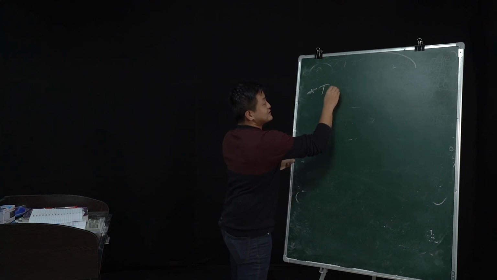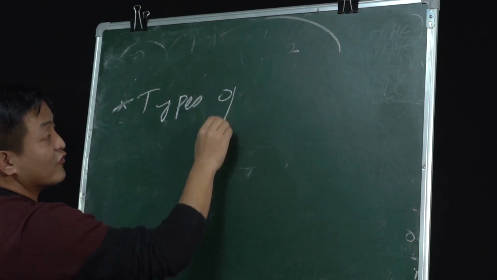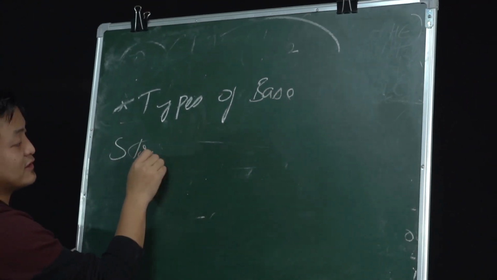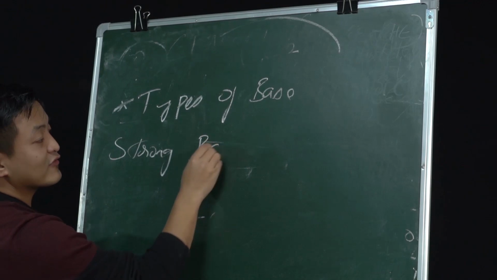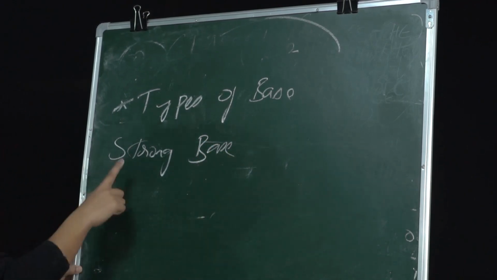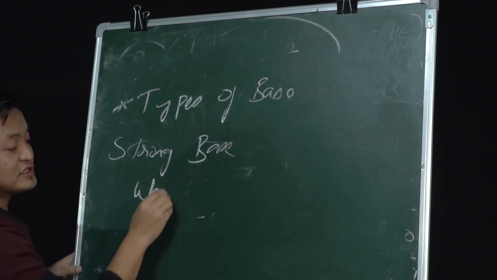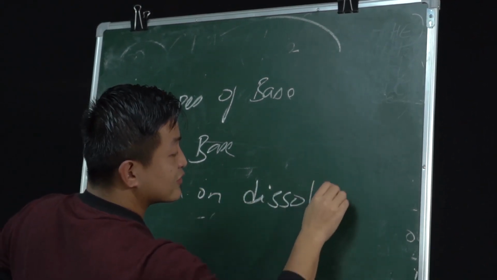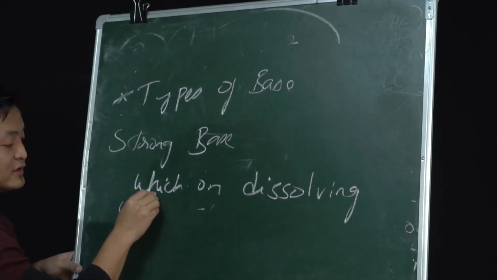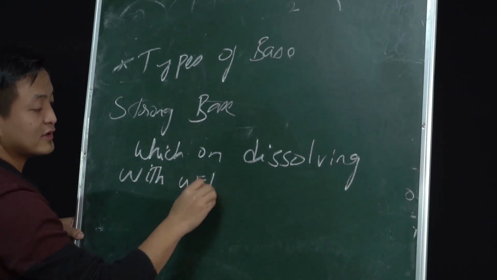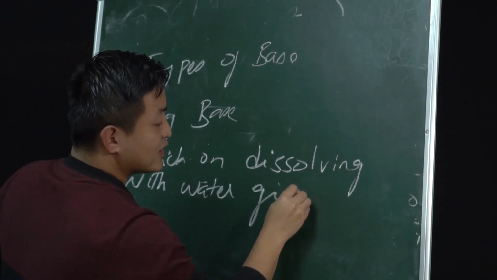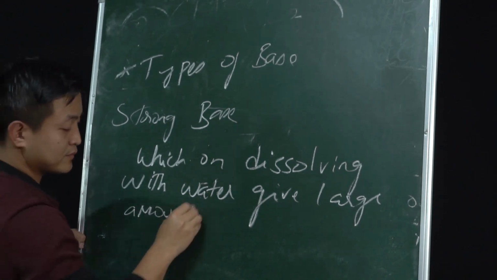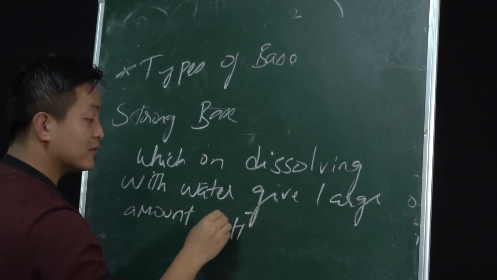So types of base. We have a strong base and we have a weak base. So strong bases are those which on dissolving with water give a large amount of hydroxide ion.